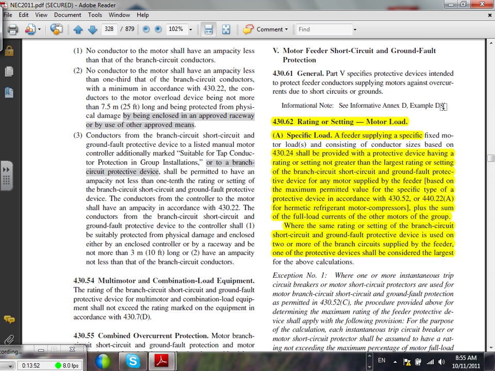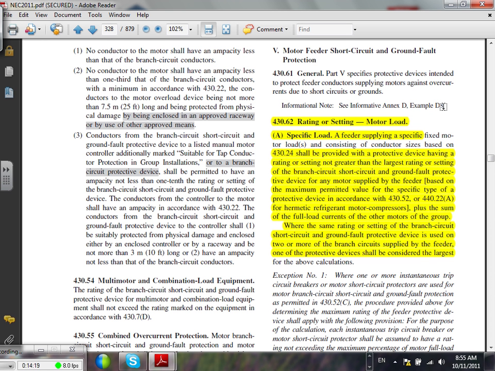If you read this, rating or setting for motors, 430.62, it tells you how to size the overcurrent protection device for a feeder. You take the largest, fattest overcurrent protection device in the system, and you add the full load current of all the other motors shared by the same feeder, and then you go down. If you read through all this, please highlight it. Very important. That's how you size the feeder overcurrent protection device.